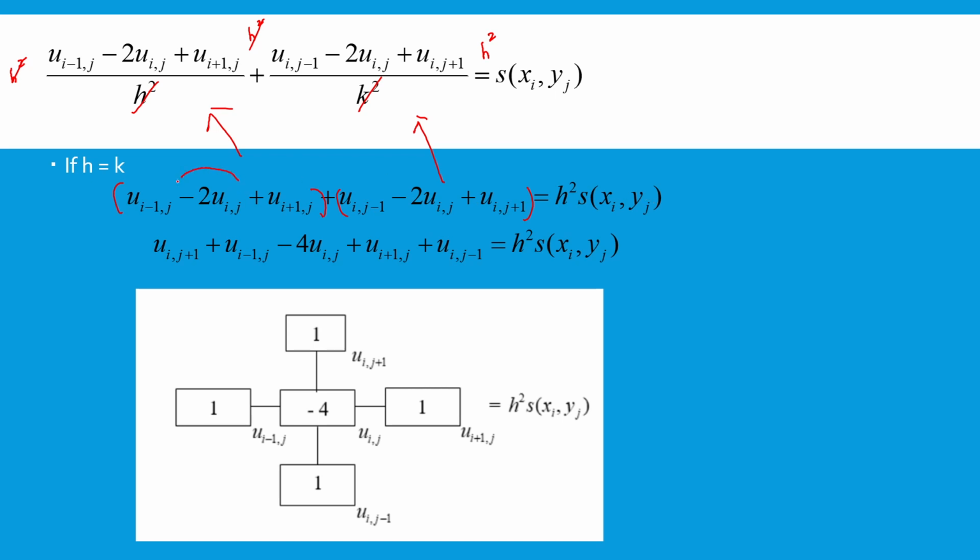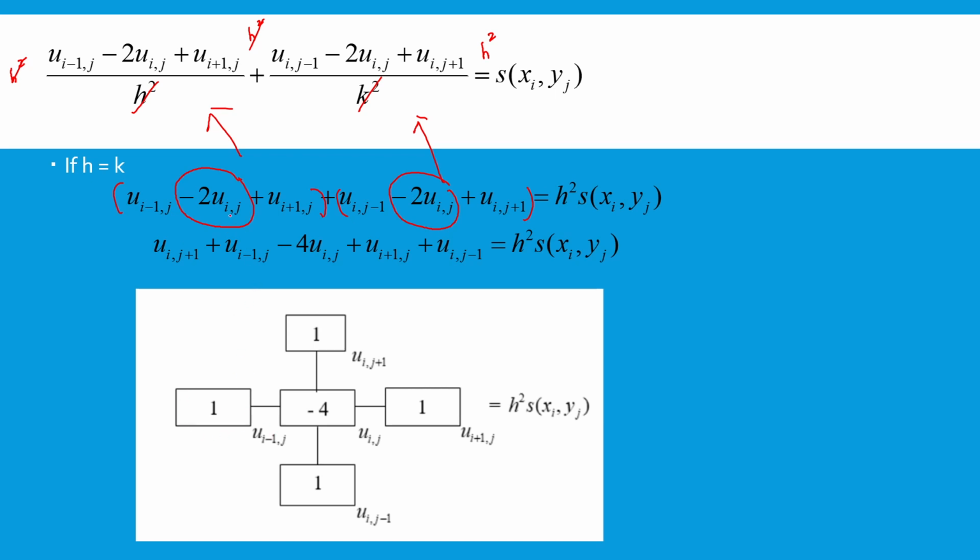And then we collect the same terms. So we have here u i minus 1 j, which is the left cell.